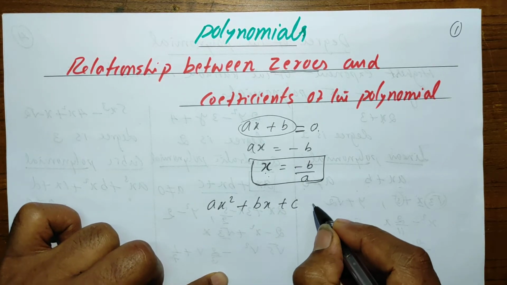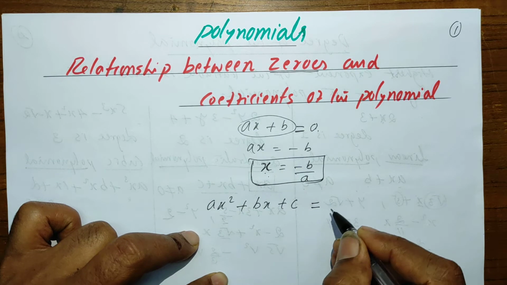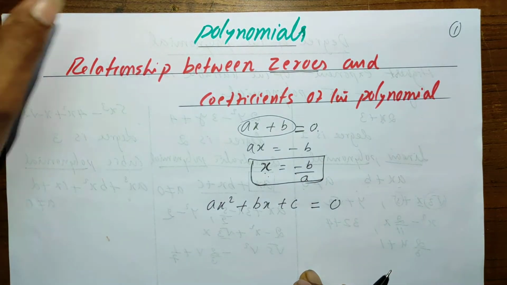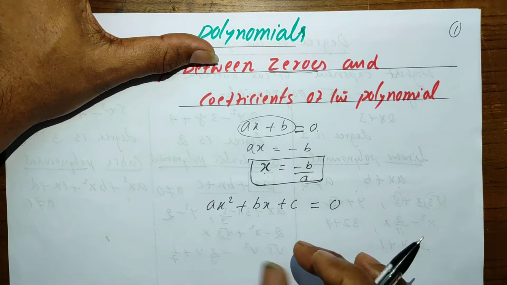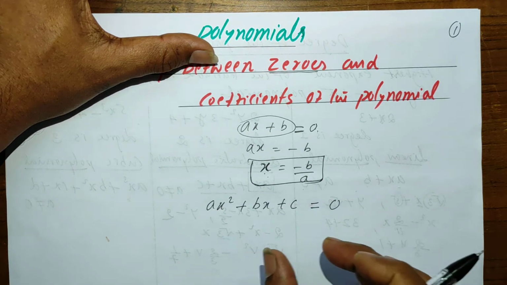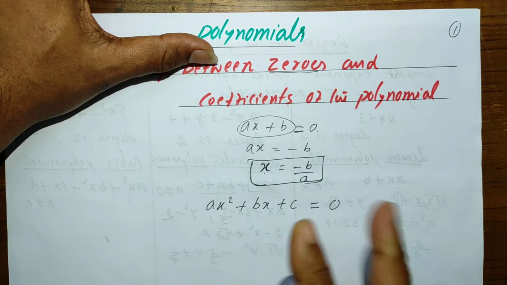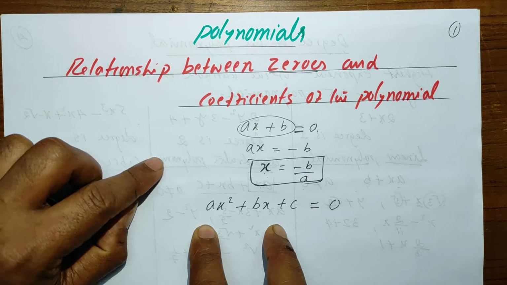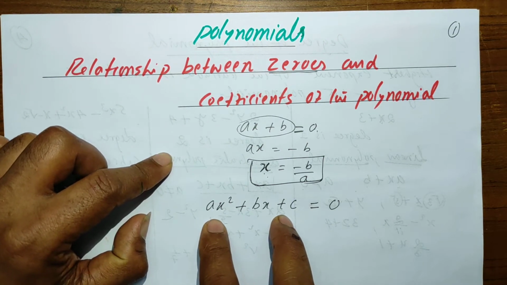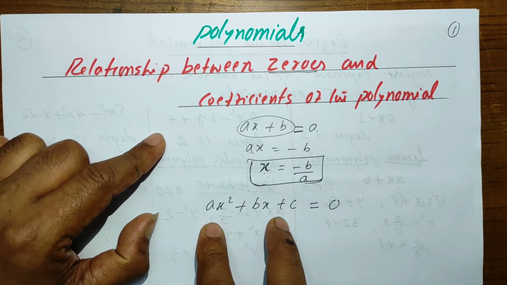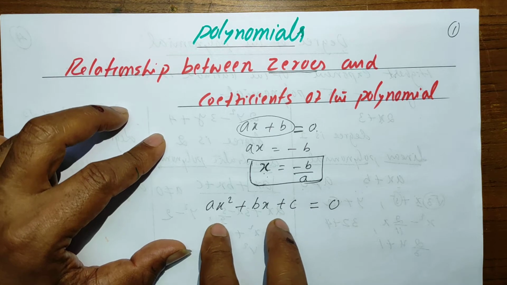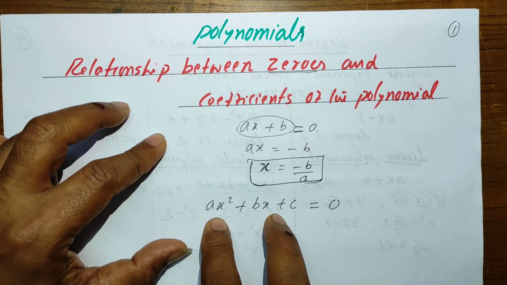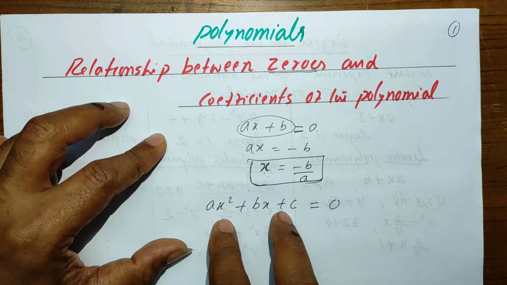Here also you have to equate the quadratic polynomial to 0. Here it is convenient to find zeros by factorizing the given quadratic polynomial. First you have to factorize the given quadratic polynomial.